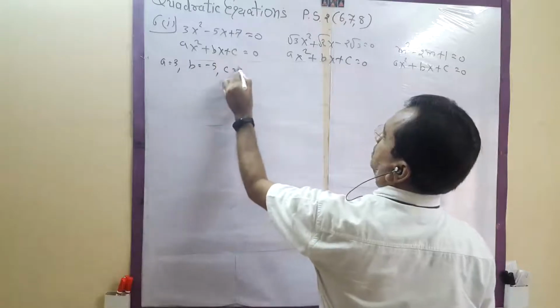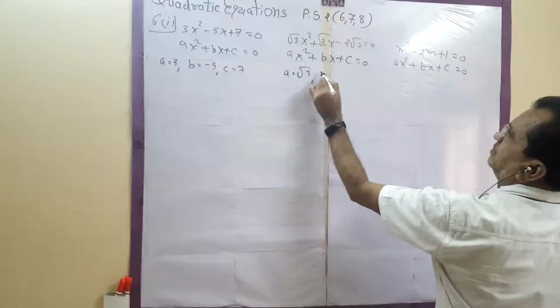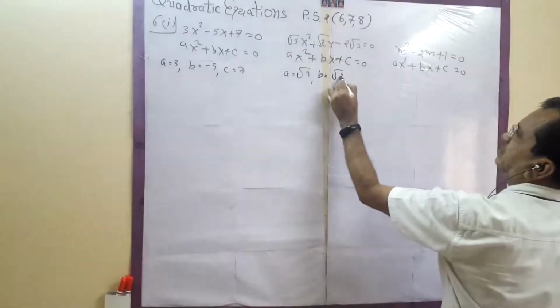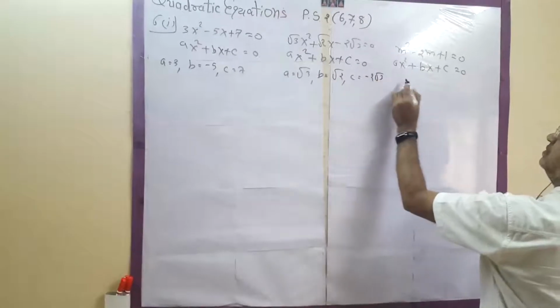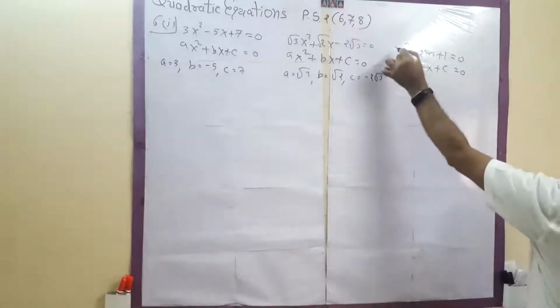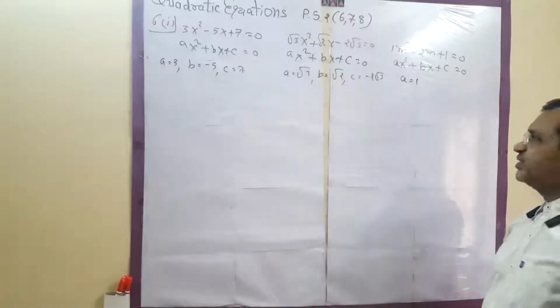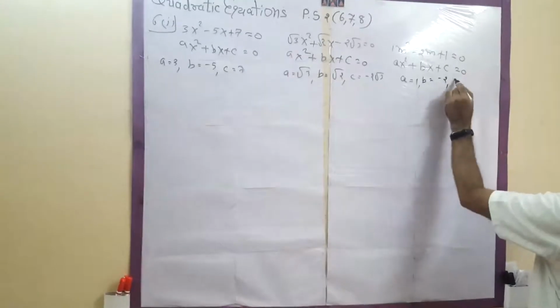What is c? Again compare. What is a? What is b? What is c? What is a? Nothing is given, so you have to consider 1. What is b? What is c?